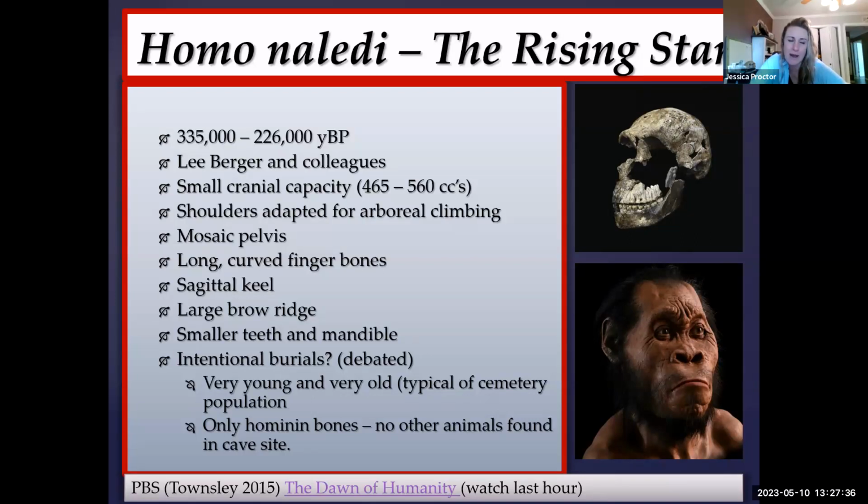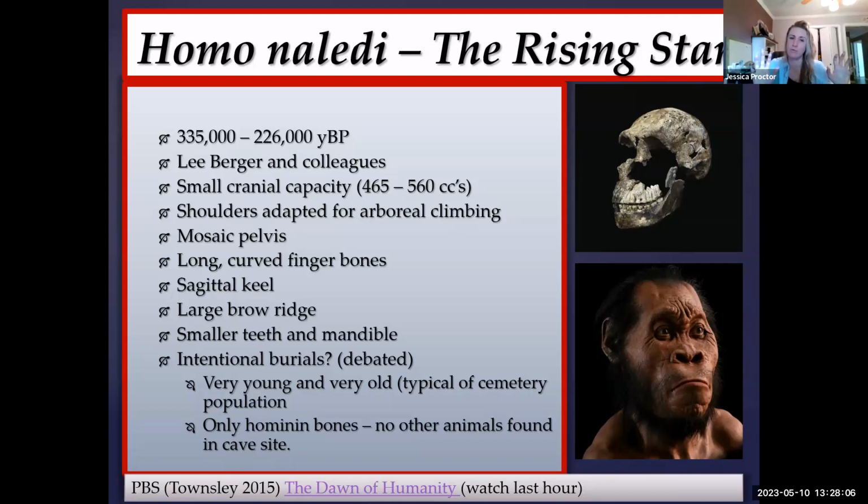But another big surprise was that we have this relatively small-brained hominin with a relatively mosaic postcranial anatomy. Homo naledi was likely a habitual biped, not an obligate one, because she had features like shoulders that are adapted for arboreal climbing. She had a very mosaic pelvis, meaning the top half looks like a biped and the bottom half looks like a quadruped.